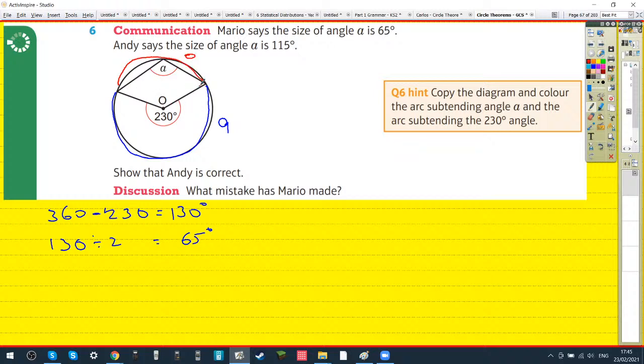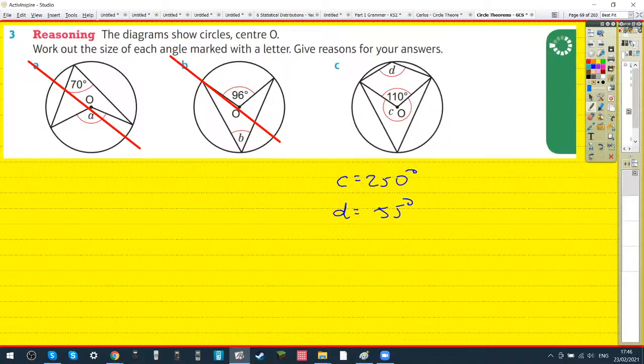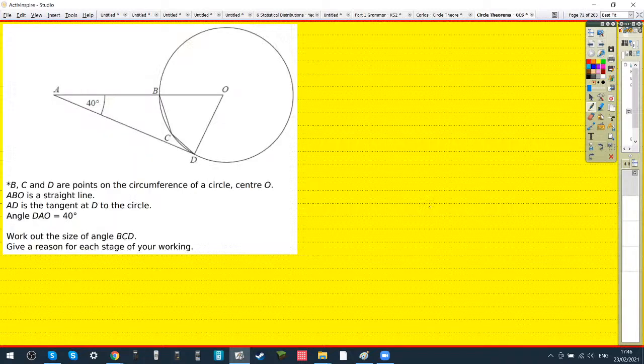So what should this one be then? So D should be 125. Yeah, that's it. 125. Okay, let's try this.